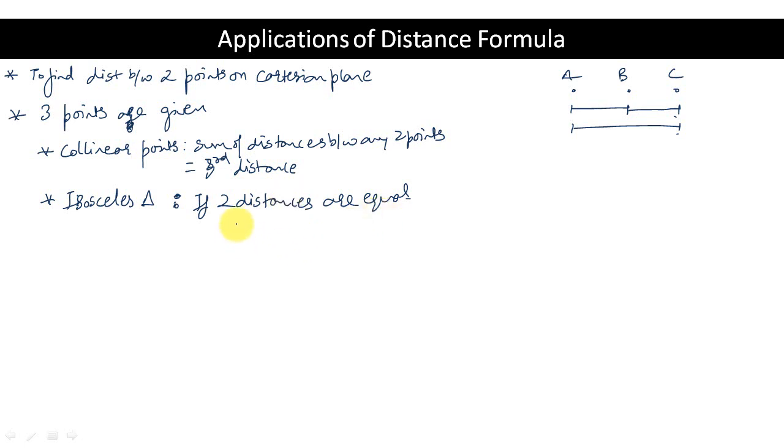Also, we need to check whether the sum of the two sides, or AB plus BC, is greater than the third side, which is AC. For all the three pairs, we'll have to check that the sum of two distances is greater than the third distance.